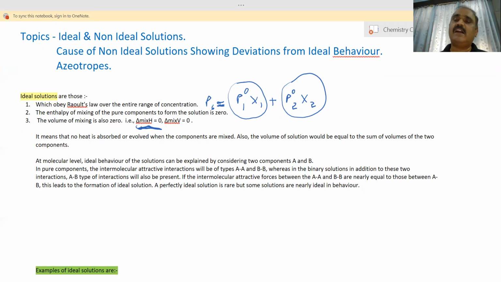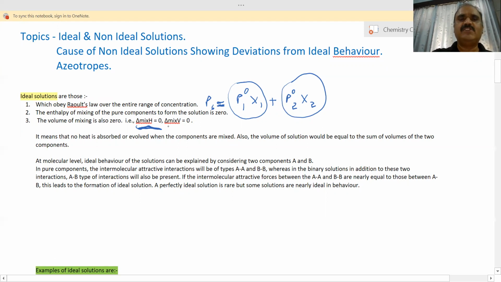But ideal solution is formed only when there is no enthalpy change on mixing the components, that is delta H is 0. Neither heat is evolved nor gained. Okay.